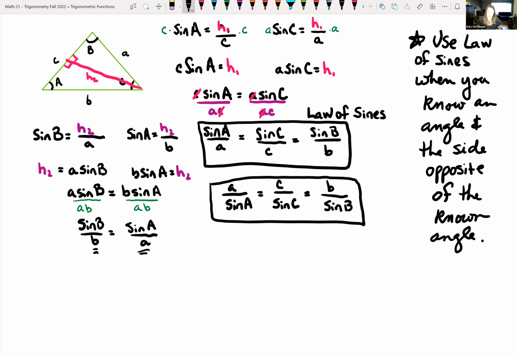If we're given two angles and a side, we can use law of sines. It will come out that we have one triangle.